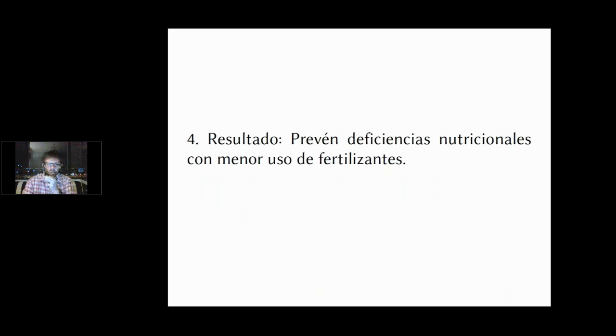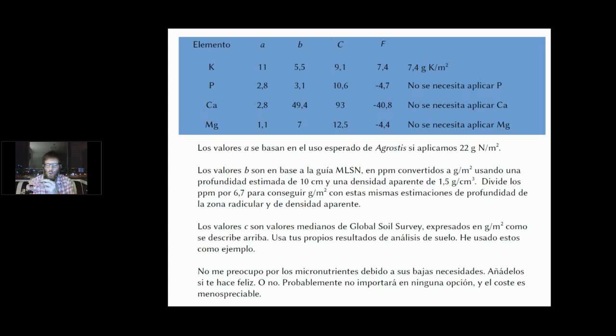Now, one more thing I want to show from the previous slide. This amount, the 7.4 grams of potassium per square meter, is an annual rate. I don't really talk about time in here, but when I've calculated how much nitrogen the grass will use, that's an annual amount of nitrogen.